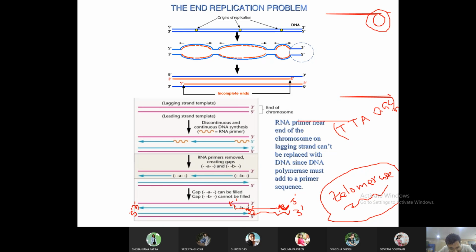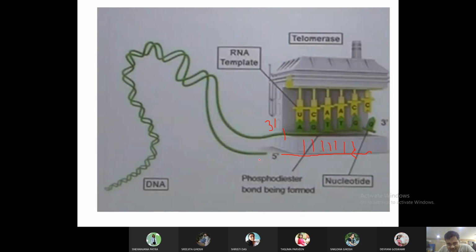But after that the primer has to go. But no problem. We have made the end of this chromosome long enough. If this RNA primer goes also, we don't care, because we have extended it beyond what was there initially. So we are not repairing this RNA primer.